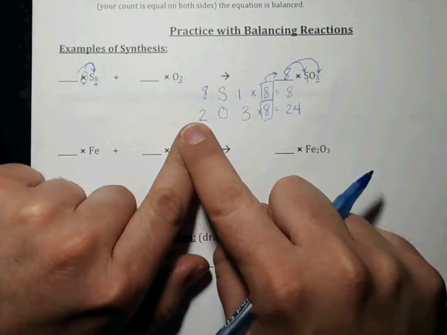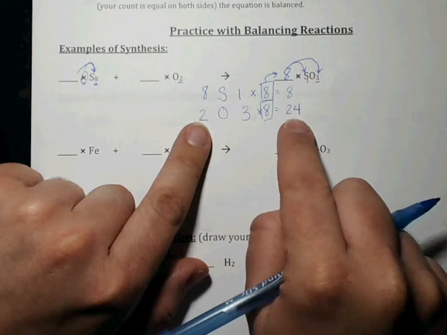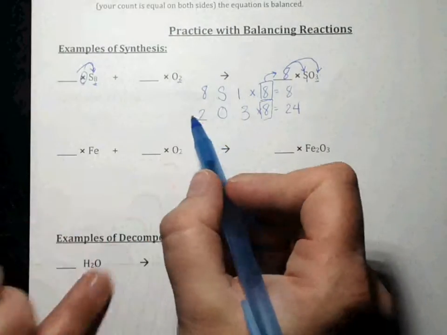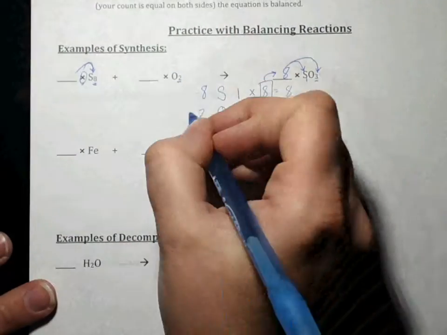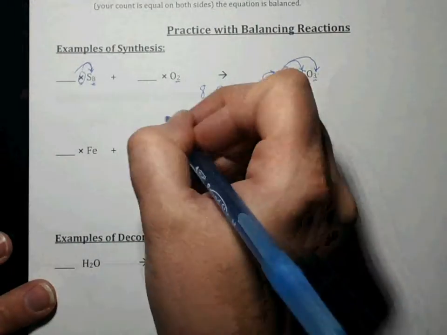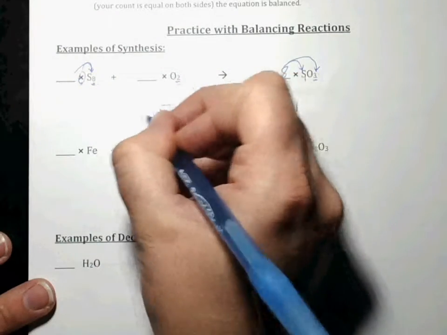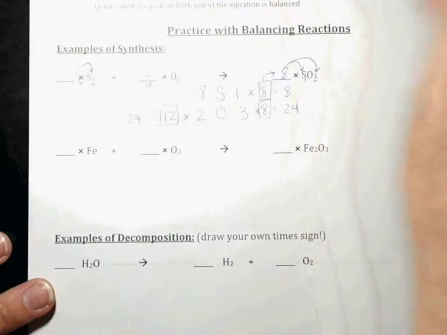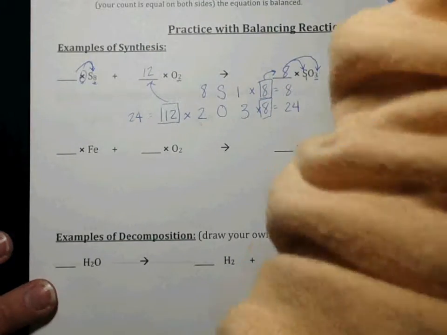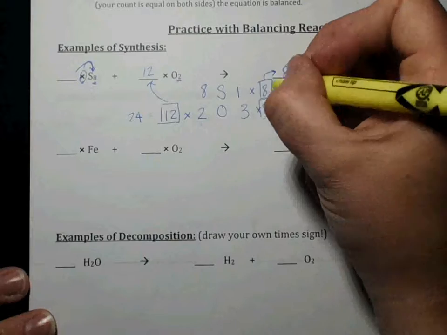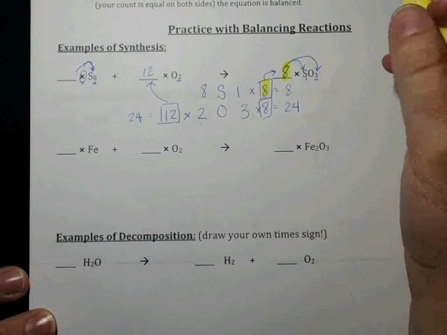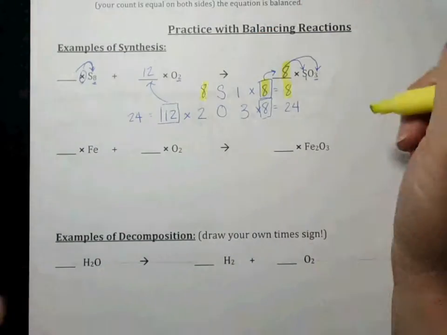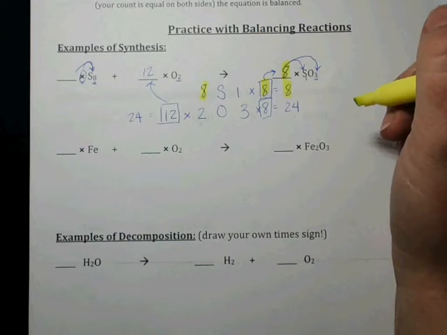Now on our left side, there's still only 2 oxygens versus the 24 that we now have on the right. So we have to find something to multiply these 2 by to get it to equal 24, and 2 times 12 will equal 24. So this 12 is going to be a coefficient that goes in here. When I've multiplied by 8 on this side to make 8 sulfurs on each side, the sulfurs are all equal.